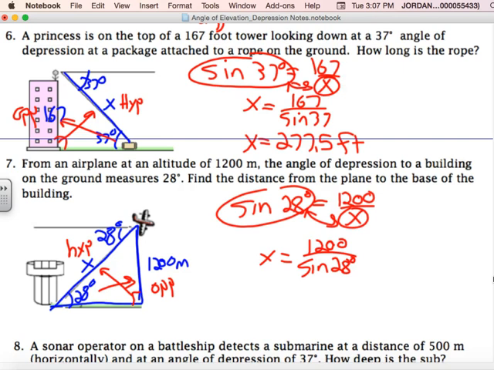That gives us 2,556. And that's in meters. So 2,556 meters is how far the plane is from the base of the building.